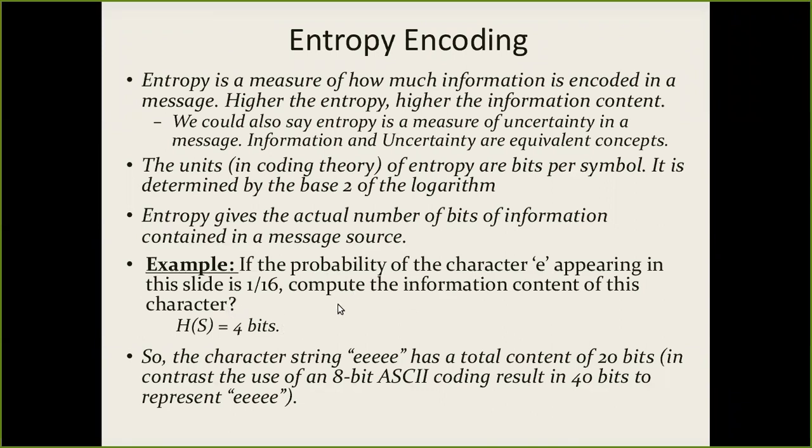The logarithm of 2 to the power of 4 to the base 2 is 4 bits. So every symbol E appearing in a given content has 4 bits. And then if around 5 E's are appearing in that given content, 5 times 4 is 20 bits of information content of E. So we can go up to 4 bits to compress character E.